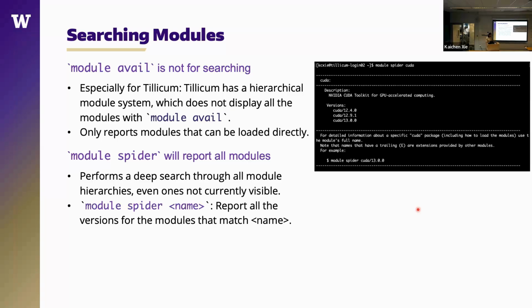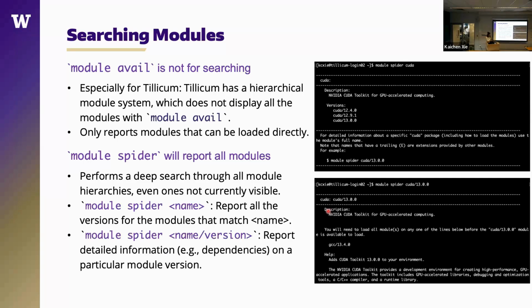For example, if you run module spider followed by the name of the module, it will report all the versions of the modules that match the name. If you provide the full name, which includes the name/version of the module, it will report detailed information, such as the dependencies of a particular module version. So please remember, always use module spider instead of module avail to find out how to load a module.